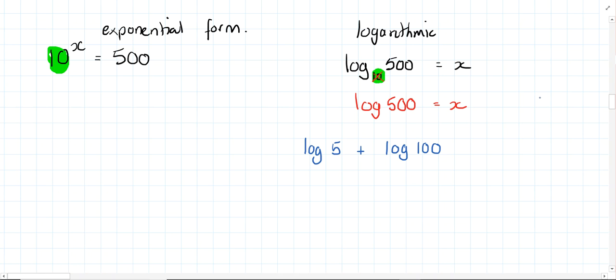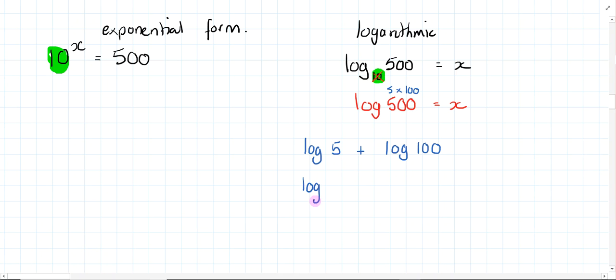Does everyone get why I can do that? What law have I done? Multiplication. Because that's 5 times 100. So I've kind of done the opposite of what we were talking about before, which is say, right, if I've got something times something, I can split them to be adding.